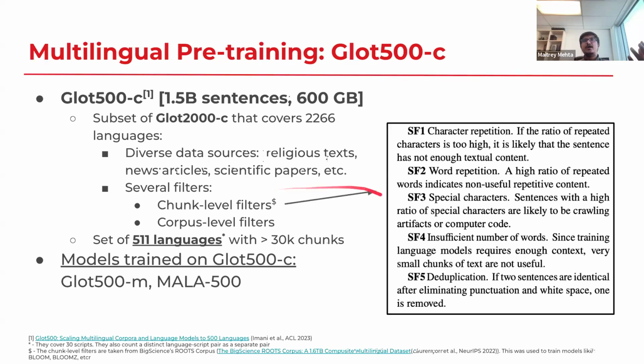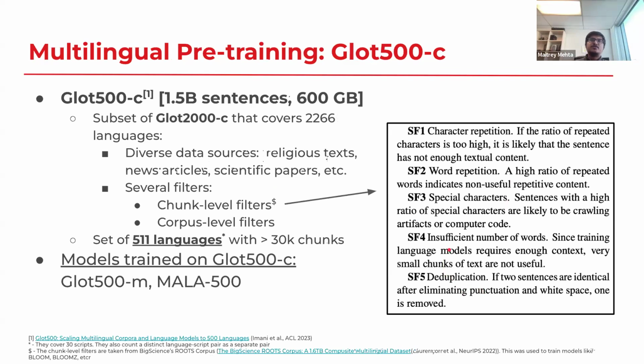For example, at the sentence level, they looked for character repetition, word repetition, or special characters, which they thought indicated mostly programming language, so they removed those. They also did deduplication, and removed really short sentences.